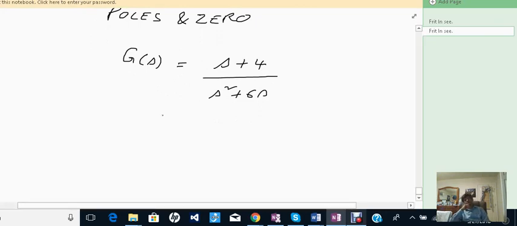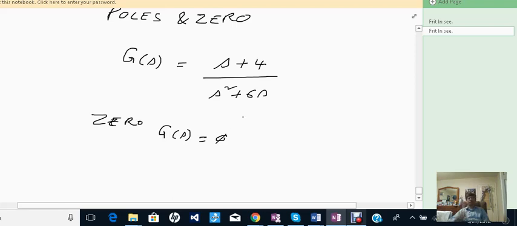Well, first of all, let's define what a zero is. A zero, as the name implies, is the value that is going to make this transfer function 0. In other words, how will this transfer function G of s become 0?